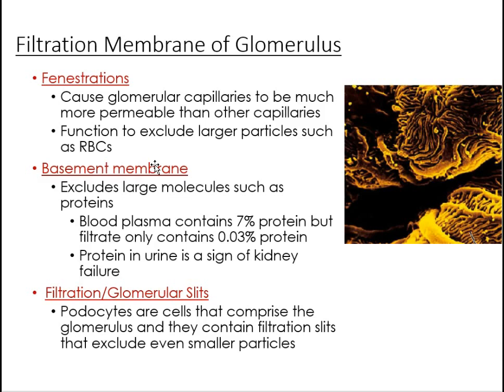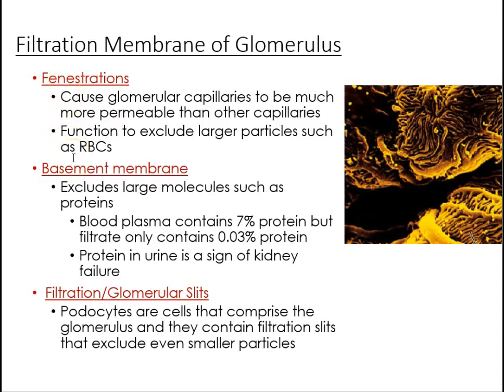Other capillaries are only going to have a one-cell space, whereas by having these large slits in our glomerulus, these black lines you're looking at here, we're going to be able to let a lot more stuff pass through into that Bowman's capsule and eventually down the nephron. So that's going to be the fenestrations.